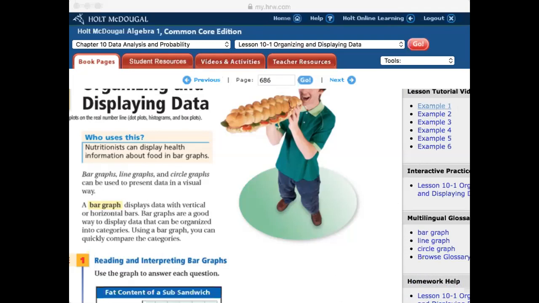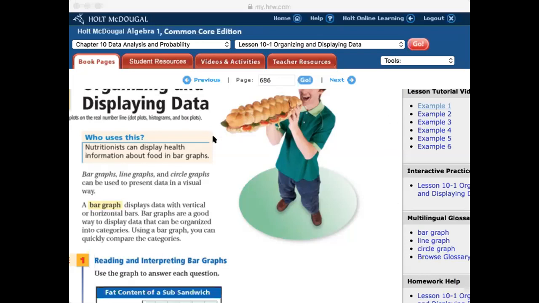Okay, let's go to the next page. What is a double bar graph? A double bar graph can be used to compare two data sets.